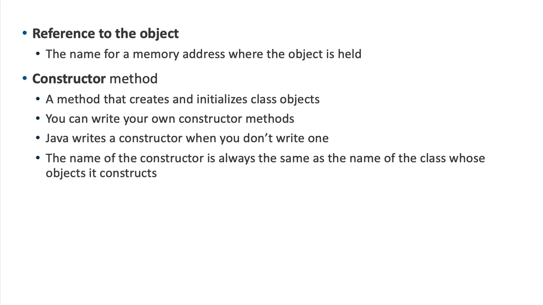You can write your own constructor for a class, and you will learn how later in this video. However, when you don't write a constructor for a class, Java writes one for you. Whether you write your own constructor or use the one automatically created by Java, the name of the constructor is always the same as the name of the class whose objects it constructs.